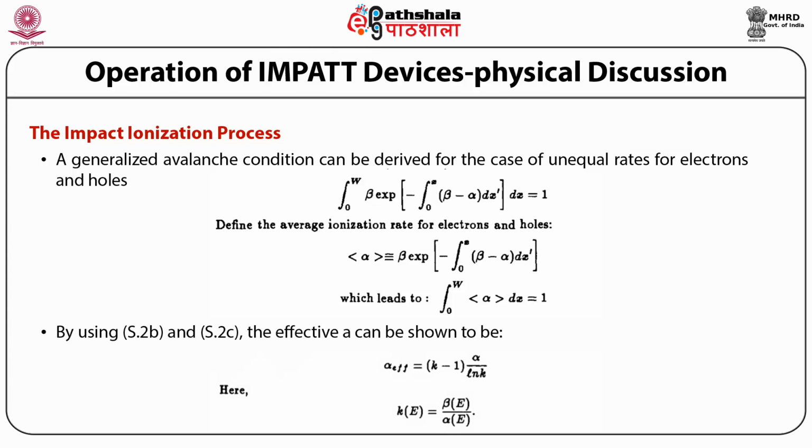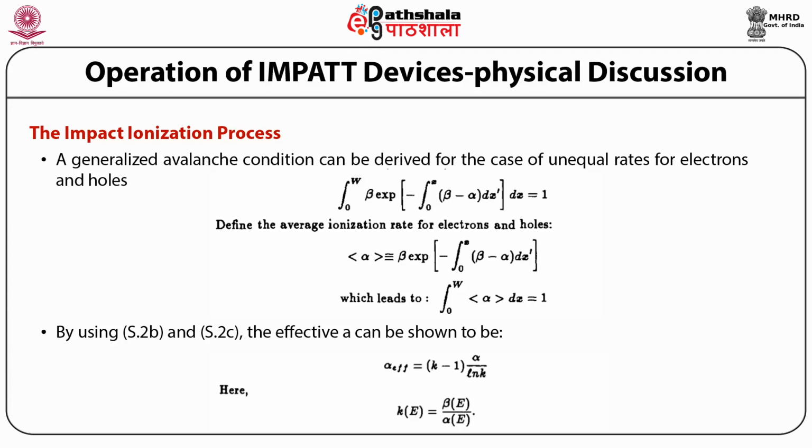By using the above equations, the effective alpha can be shown to be alpha effective equal to (k minus 1) multiplied by alpha by ln k. Now here k is beta by alpha.